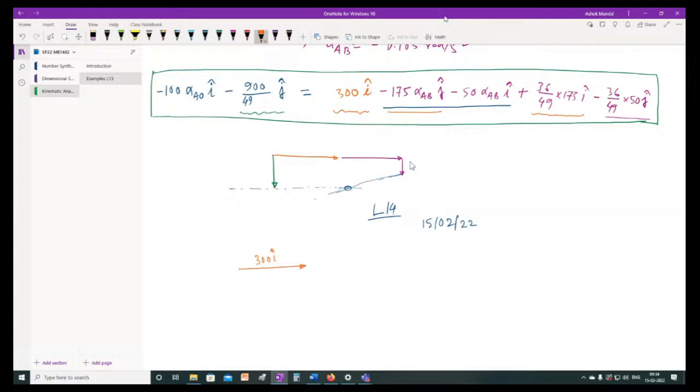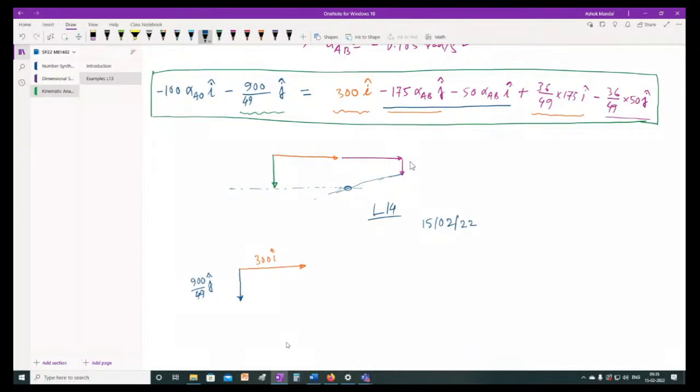On the other hand, we know this one also. Whatever magnitude it will have, it goes towards this direction. This is known to us. This is 900 by 49, almost you can say 450, and this is in the J direction.